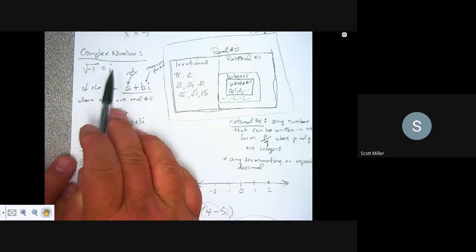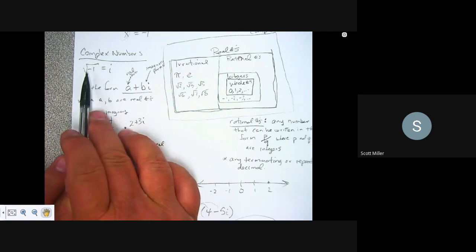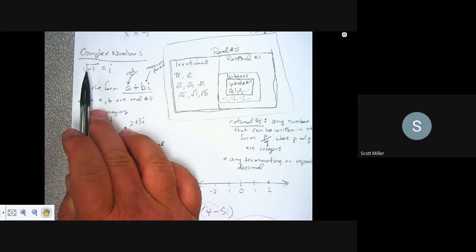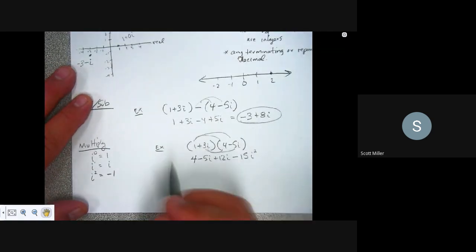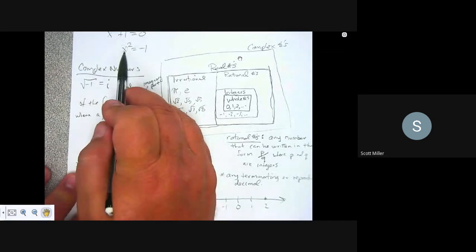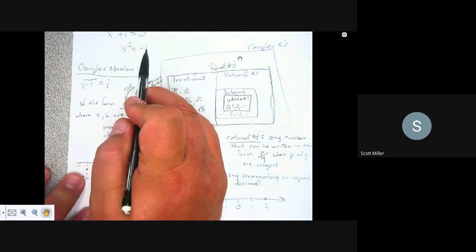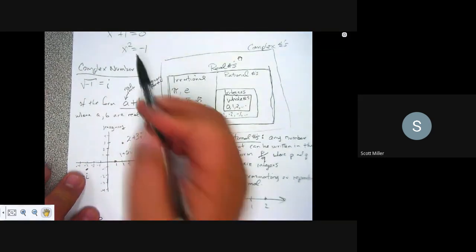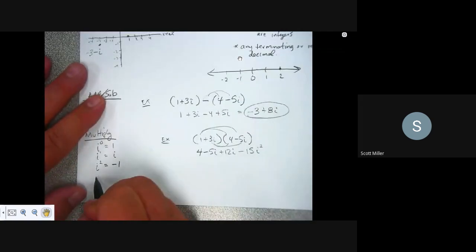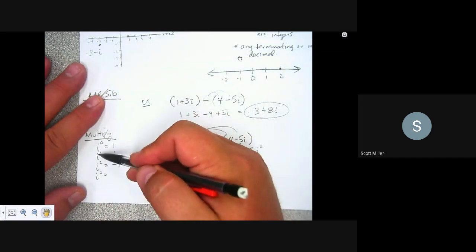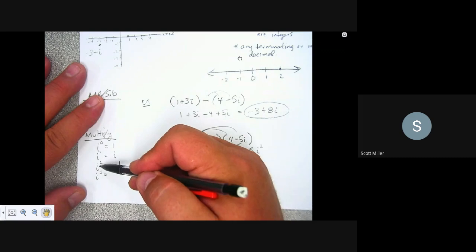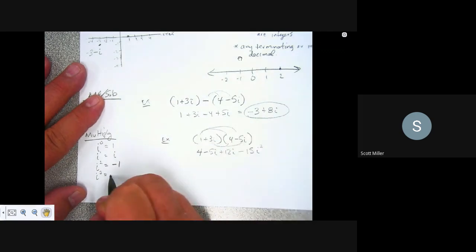So if I square both sides, then i squared must be the square root of -1 squared, which cancels the square root symbol, correct? And I'm left with -1. Because remember, where did this come from? What number squared equals -1? i squared equals -1. That's its definition. Well, what's i to the 3rd power? i to the 3rd power is just i times i squared, isn't it? So i times i squared will be a negative 1 times i, or a negative i.